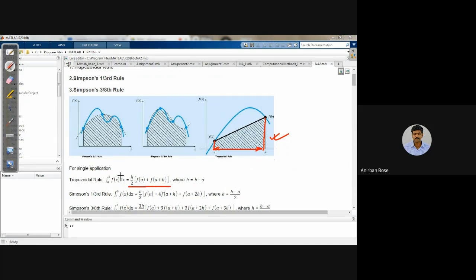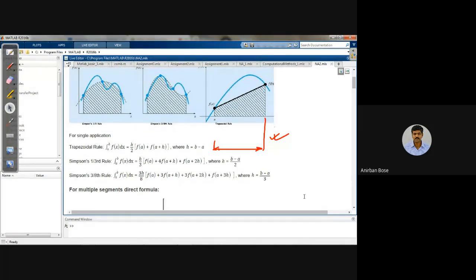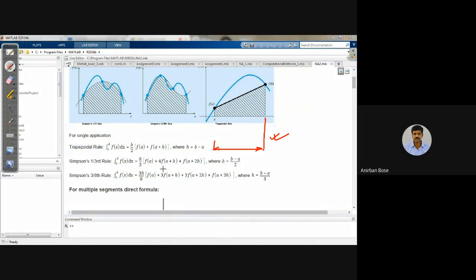Now for Simpson's 1/3 rule, if you do the calculation exactly how you have to do, you know that you have to consider that quadratic polynomial or the parabola, and then if you find out the area under the curve, you will find that it is coming h by 3 into f(a) plus 4 f(a plus h) plus f(a plus 2h).